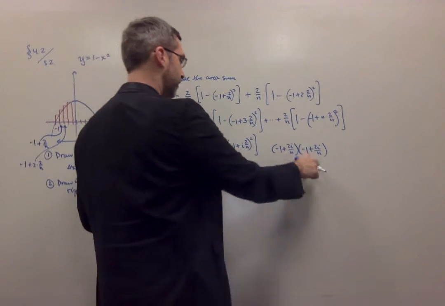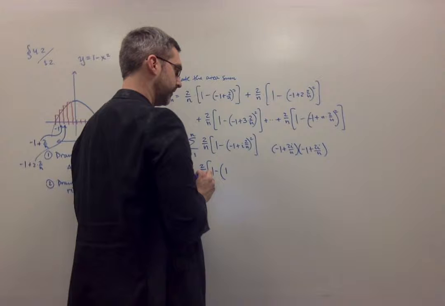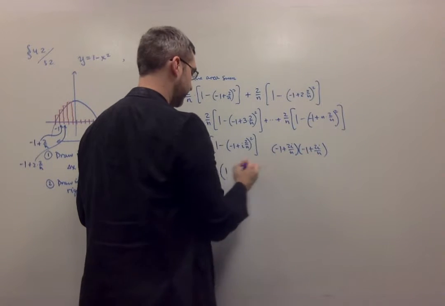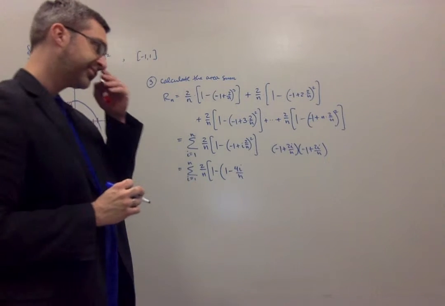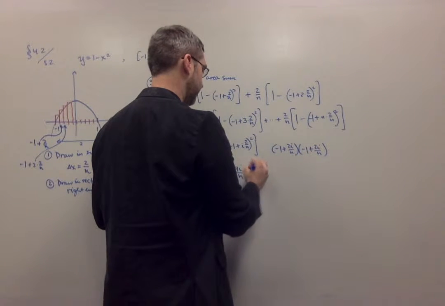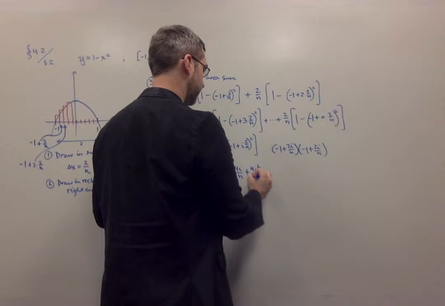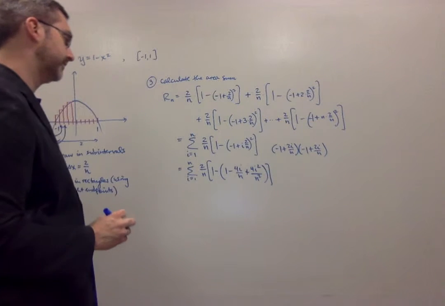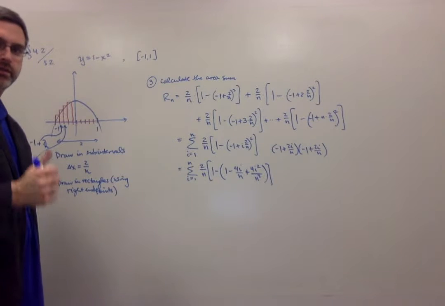So I'm going to get -1 times -1 is 1, minus 2i over n, minus 2i over n is minus 4i over n. Okay, and then the last term is plus 4i squared over n squared. All right. We're good?